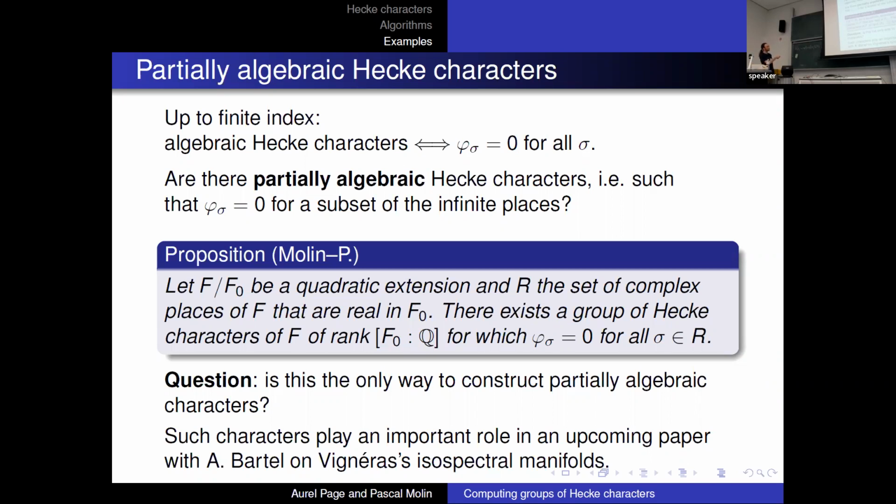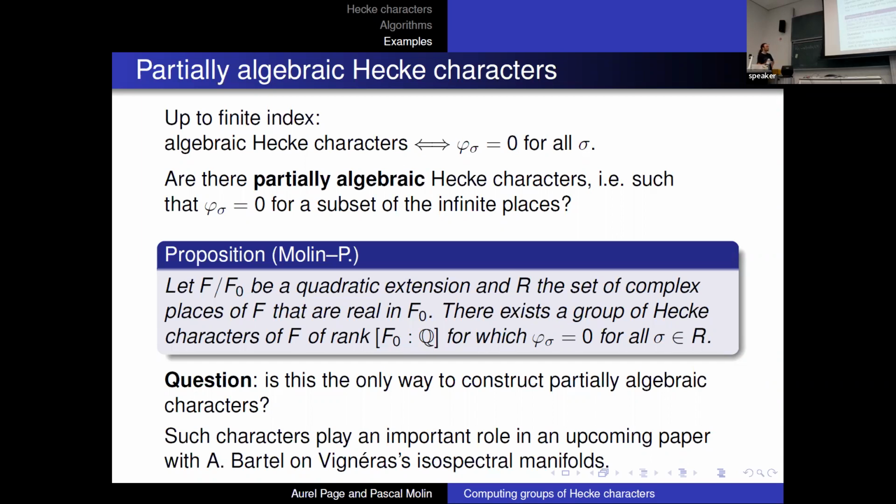What we proved is that from a quadratic extension of fields, you can build characters that are partially algebraic in this way. And this is the analog of the fact that actual algebraic characters come from CM fields. Except that in this case, we don't know whether this is the only way to construct partially algebraic Hecke characters.